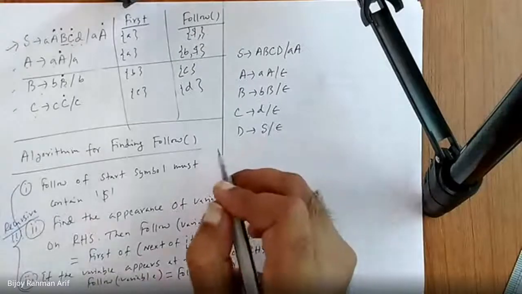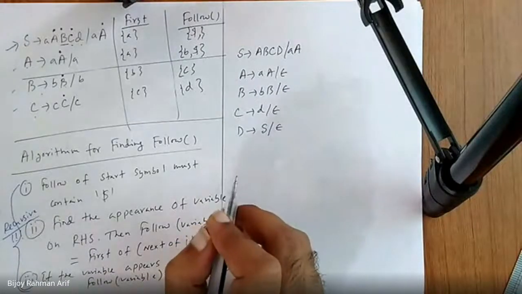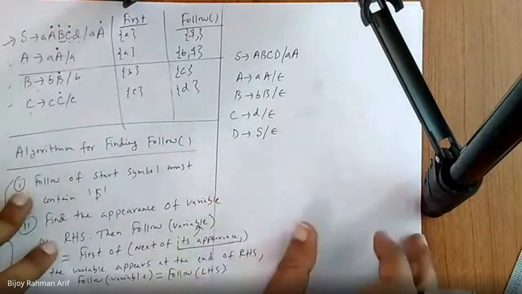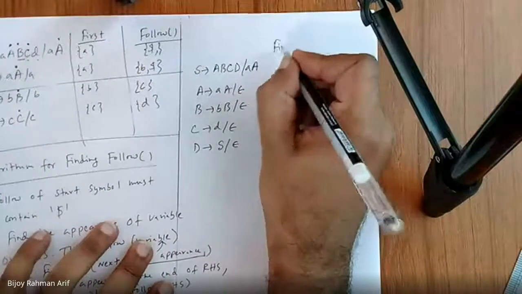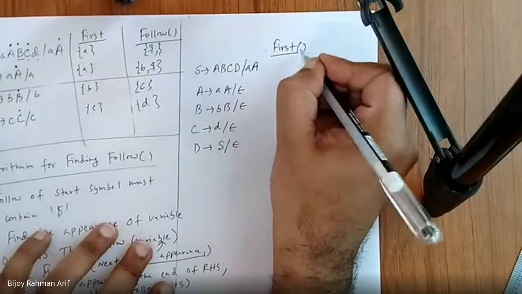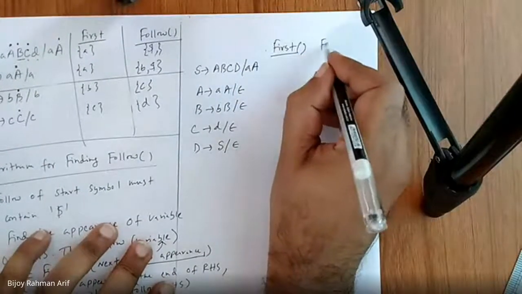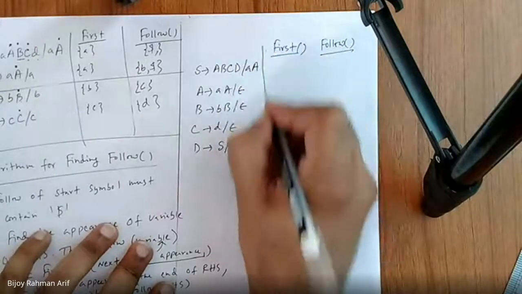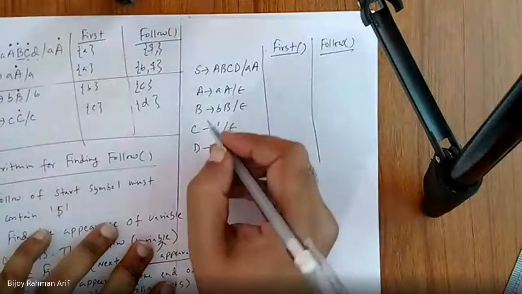Okay, it is a wonderful problem. So what should we do first? We have to first find first. Always remember, it is possible to find follow without finding first, but eventually in the process you must find first. It is better to find first.